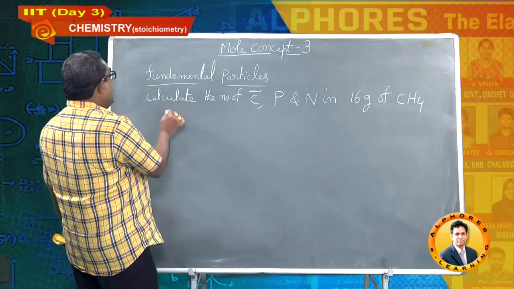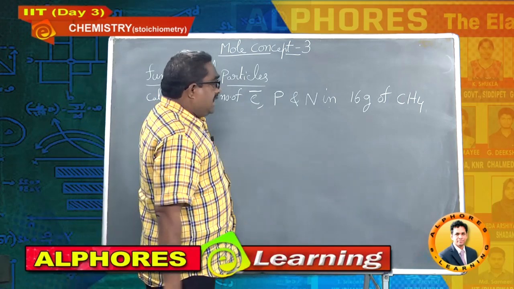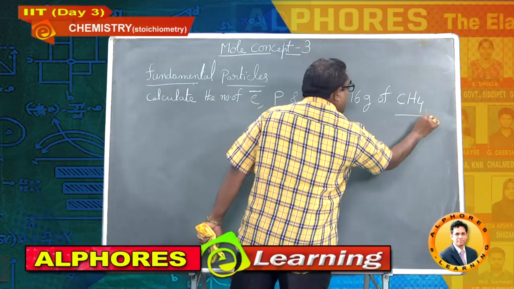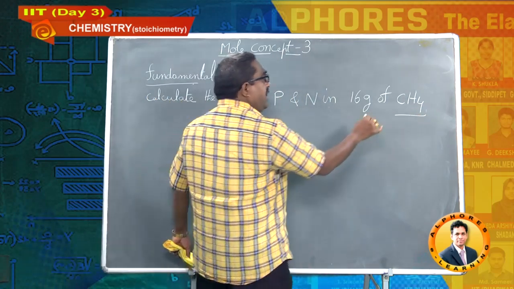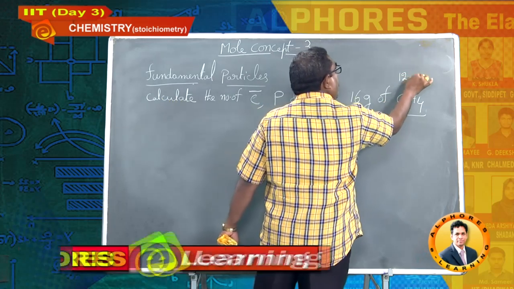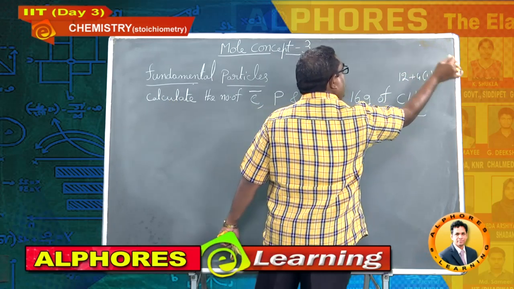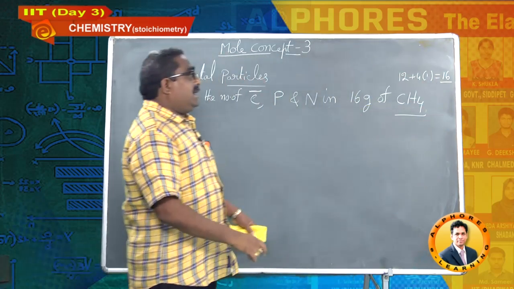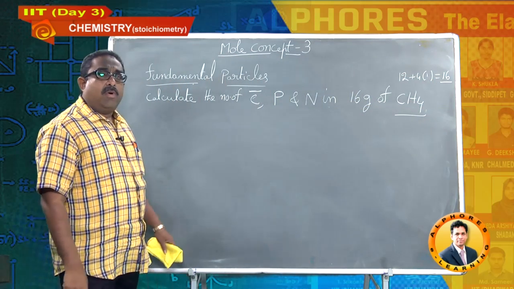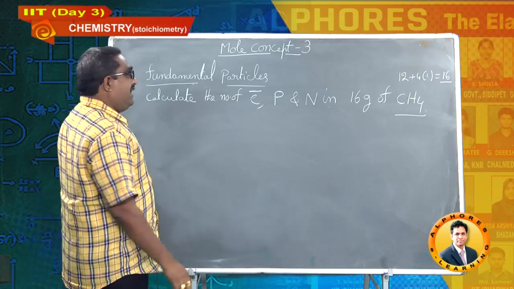Right. We know, just calculate here the molar mass of methane by adding individual atomic weights. 12 plus 4 into 1, that is 16. So, 16 is the molar mass of methane.